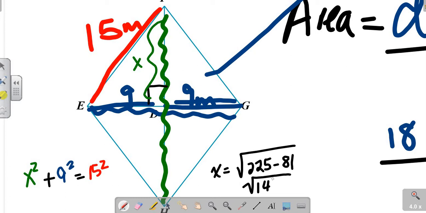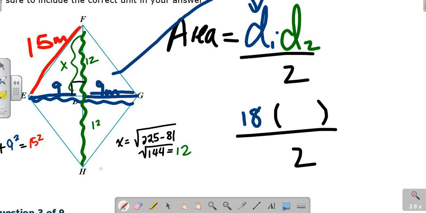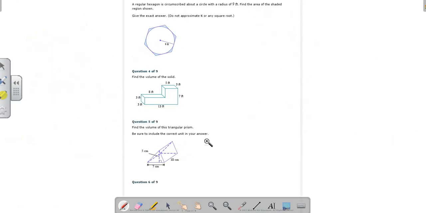That's the square root of 144, which means our X here is 12. 12 and 12, which means our diagonal is 24. And we simply reduce. And our area equals 216 meters squared. So diagonal times diagonal over 2.